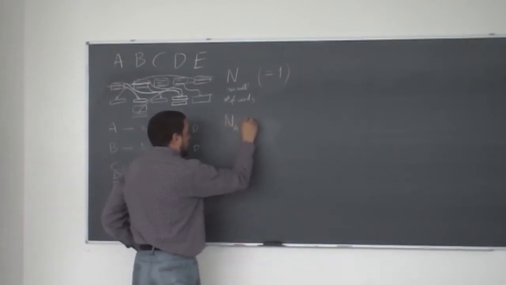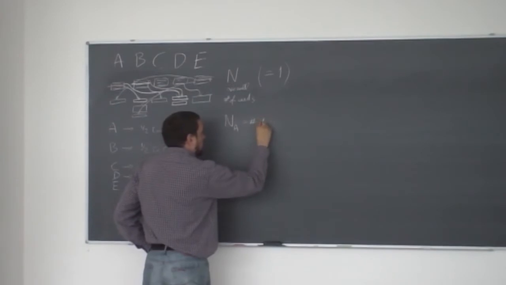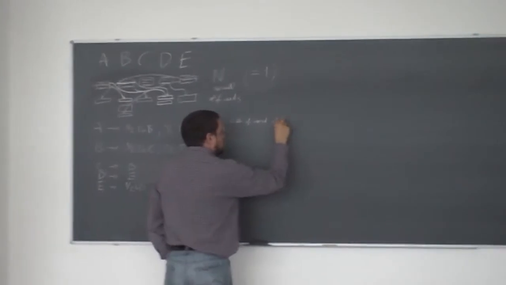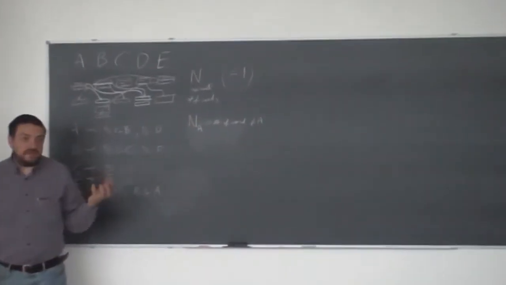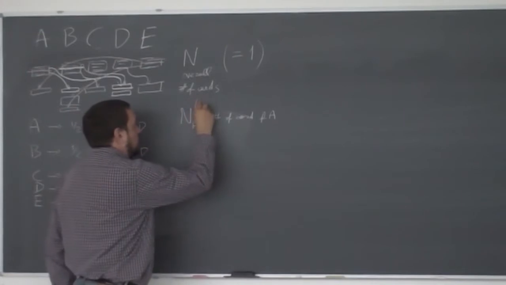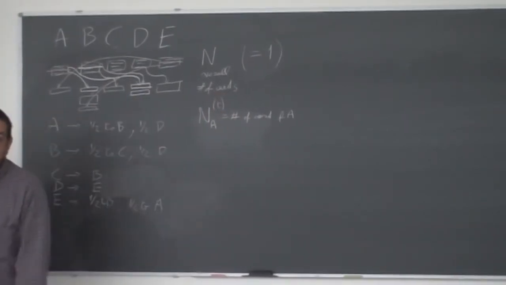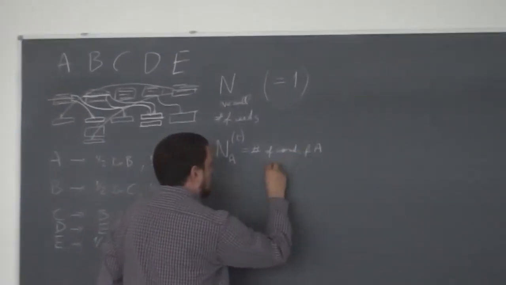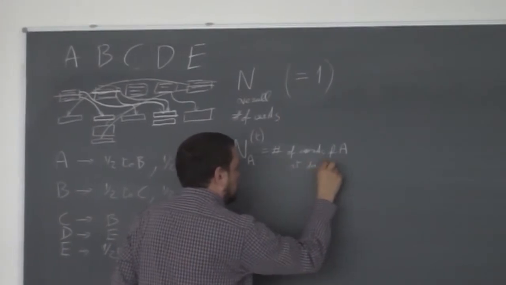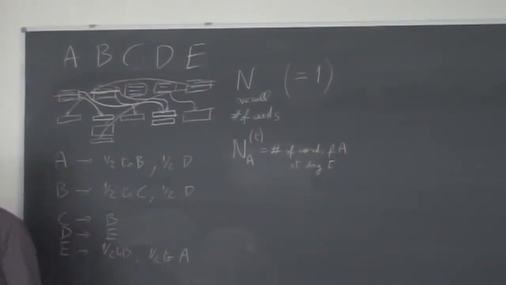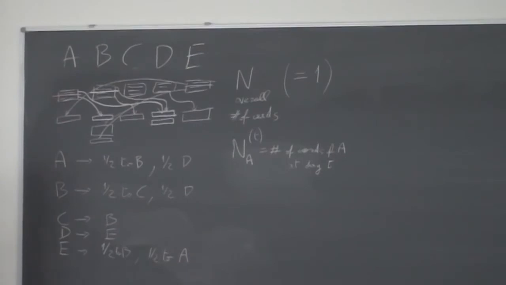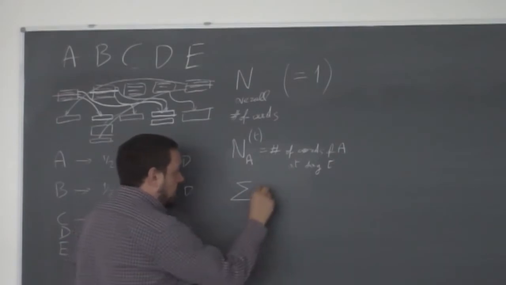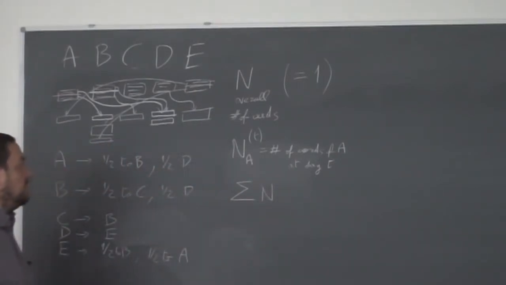If we call NA the number of cards that A has at a given day, of course we need to add also the day somewhere: number of cards of A at day T. Then, of course, the sum of the different number of cards.